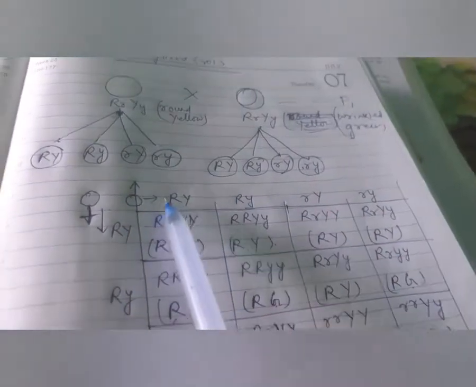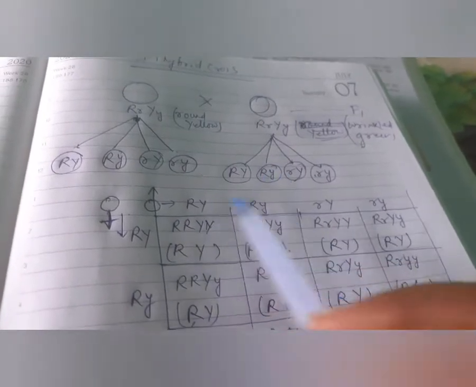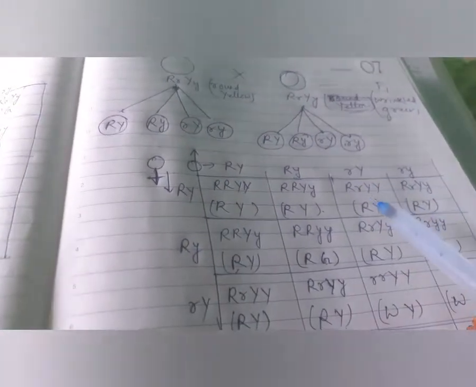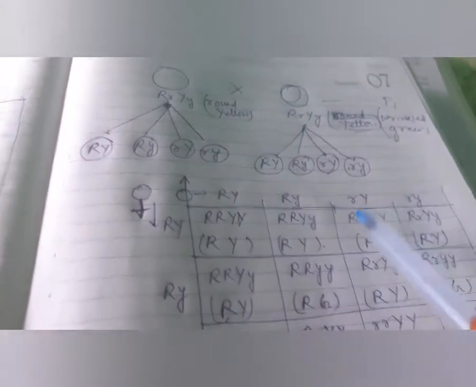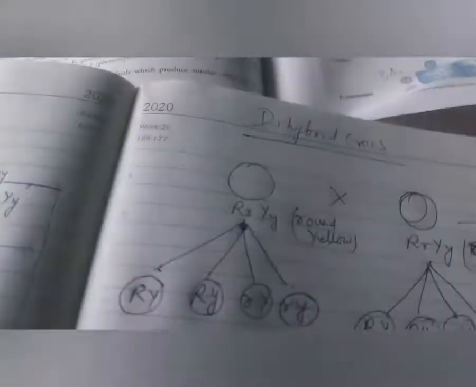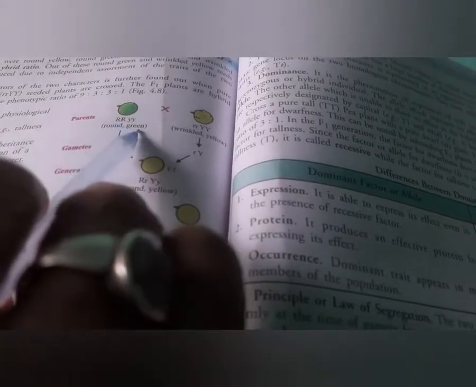This cross chart is only for the F2 generation. For the first filial generation, you can see here round yellow and wrinkled green.